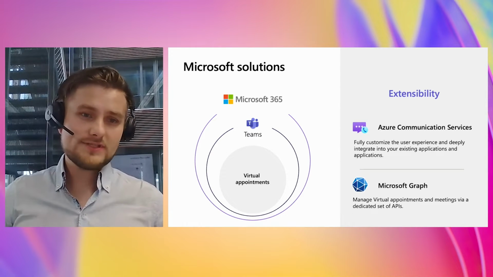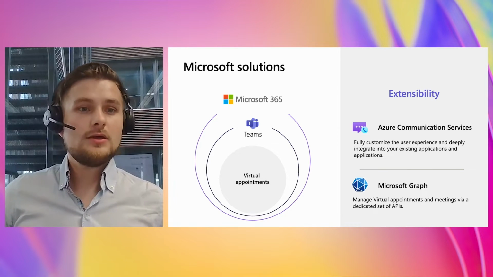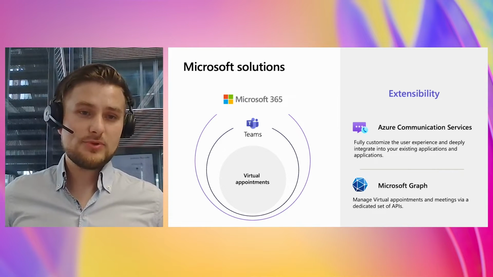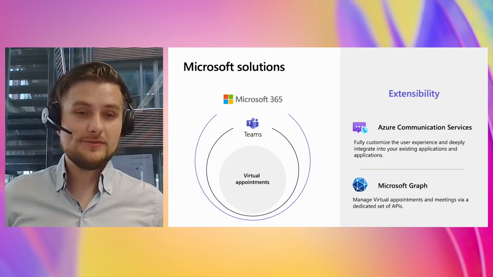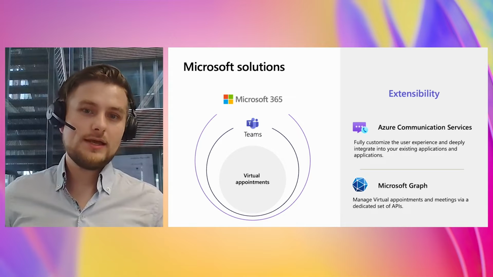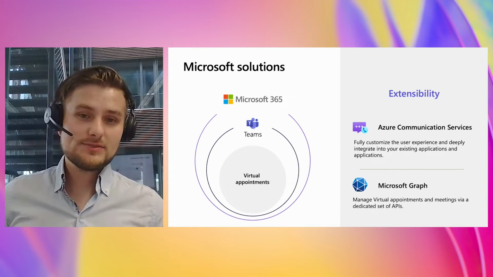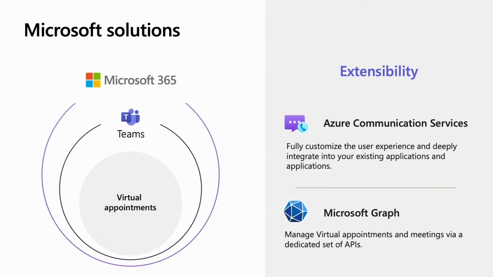Everything starts with a virtual appointment that can be fully managed through Microsoft Teams. You can then take this experience and extend it with Microsoft 365 solutions. And if you are looking for extensibility options, you use Azure Communication Services for embedding and customizing the experience, or you can use Microsoft Graph for management of virtual appointments and meetings via dedicated APIs.